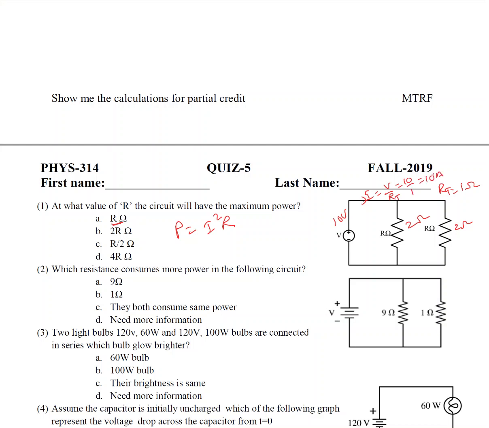So P equals I square times R, 10 square times the total resistance of 1 ohm, which is 100 watt.